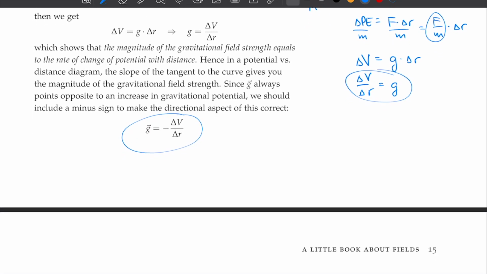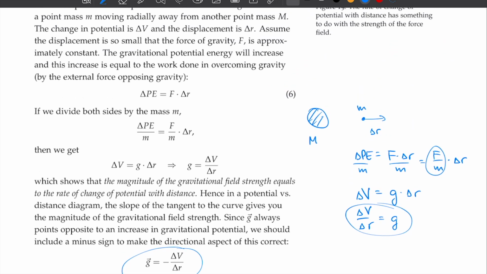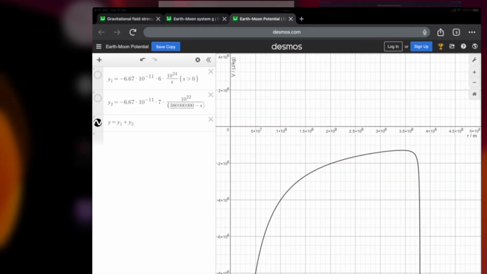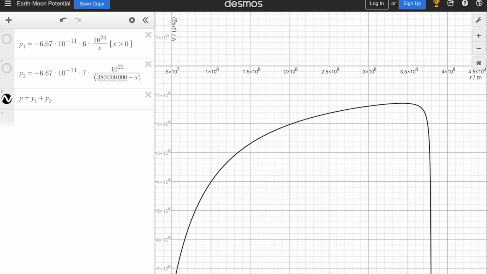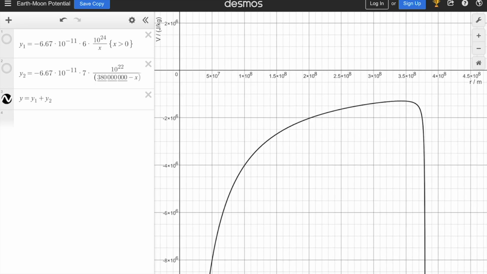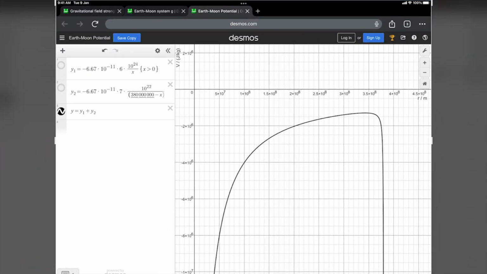And let's see what that means graphically, right? If we go back to this really important graph, we can see this is the net potential in the Earth-Moon system. This is a graph of V, the potential. So if I want to know the magnitude of the gravitational field strength at various points, I simply have to draw a tangent at that point and find the slope to get g.